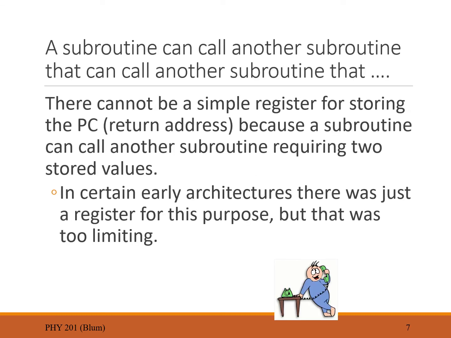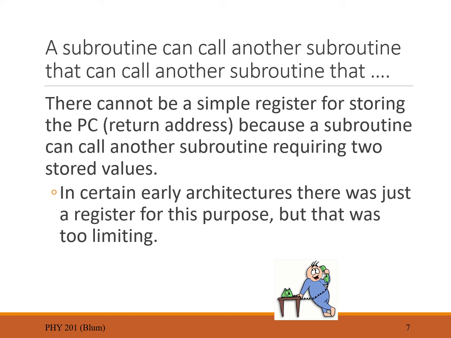If you were going to limit yourself to going to one subroutine, executing whatever code, and then returning, then you could get away with having a special purpose register for holding the return address, or you could have a special location in memory for that job.